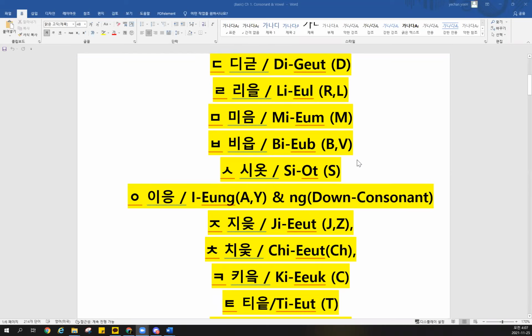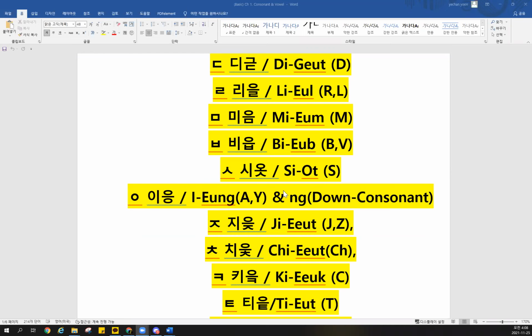All right, next one, 이응. Sounds like A or Y. But if it is the bottom consonant, the second consonant in one letter, it is pronounced differently.